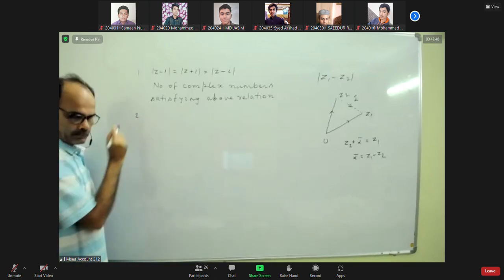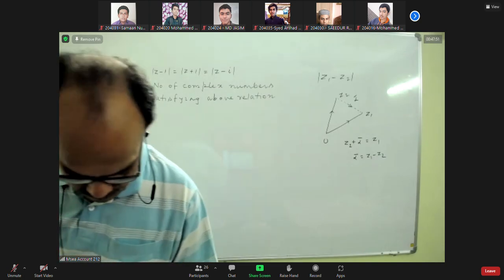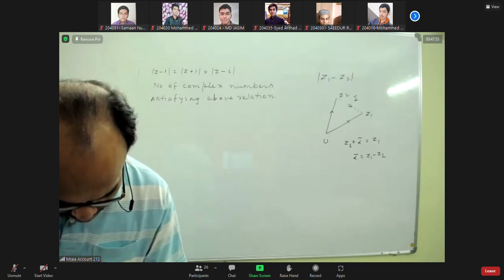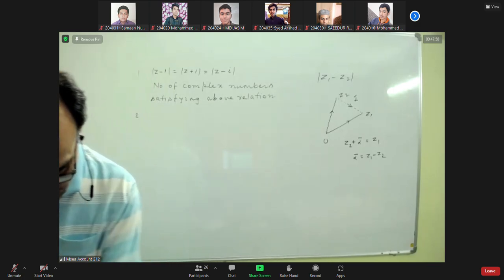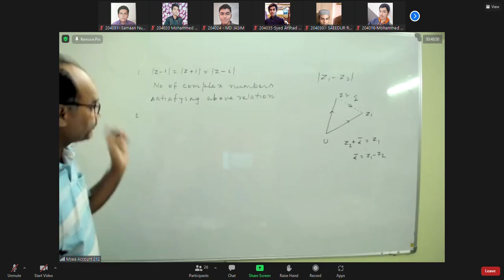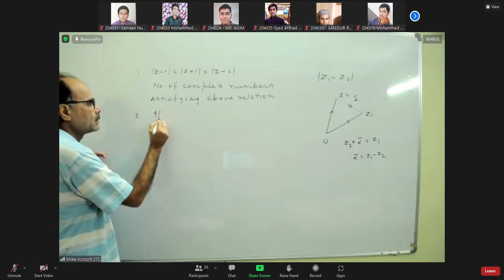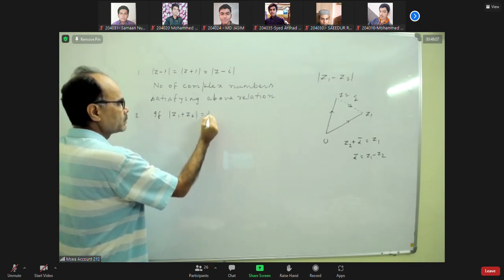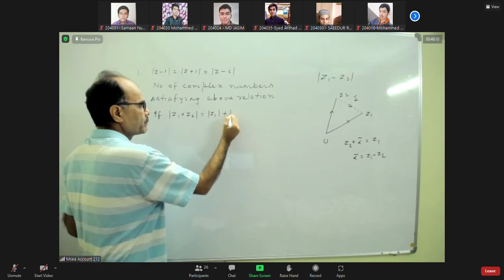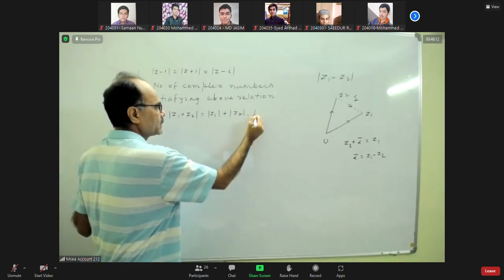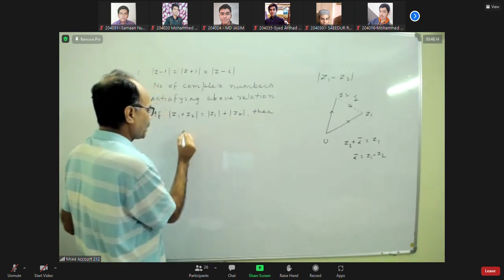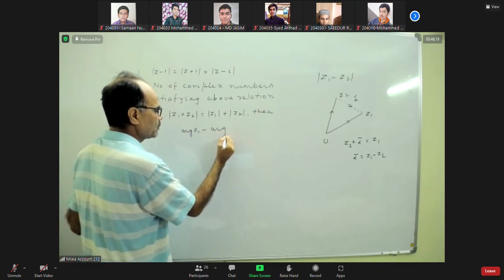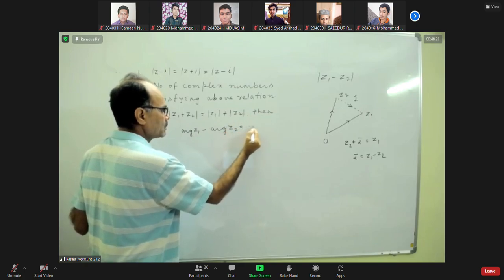Number 2. This thing I told you earlier also. If mod of Z1 plus Z2 equals mod Z1 plus mod Z2, then argument of Z1 minus argument of Z2 equals what?